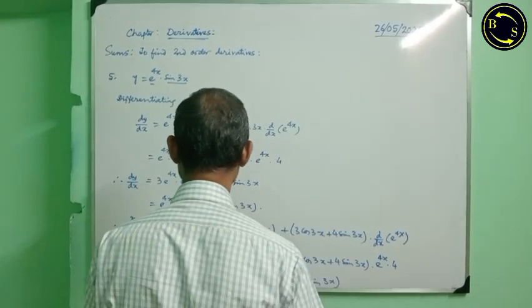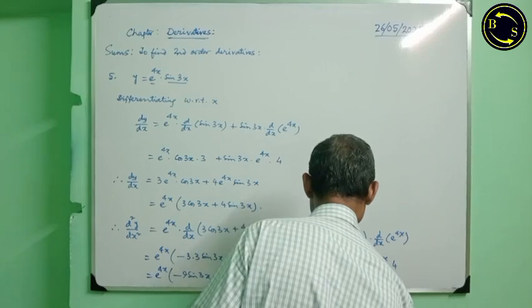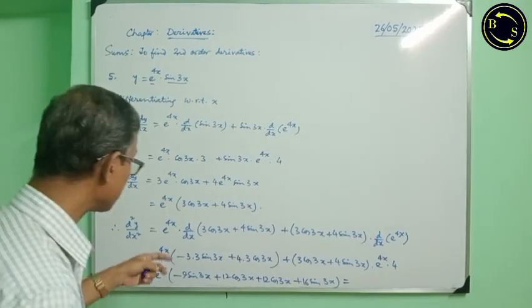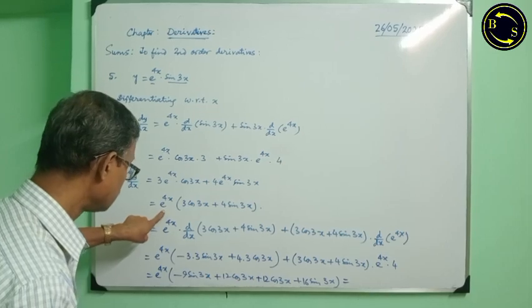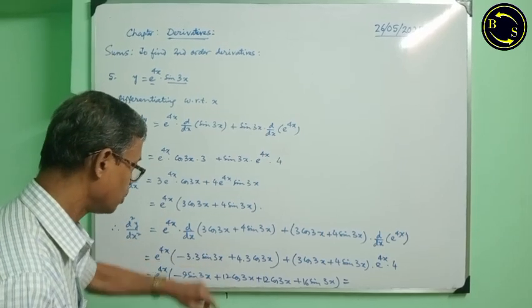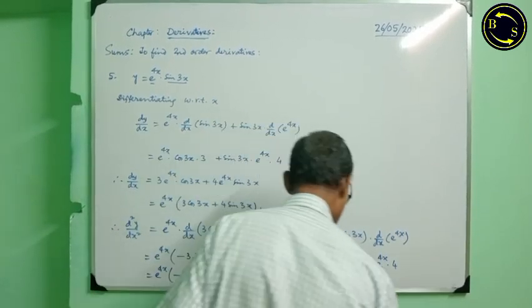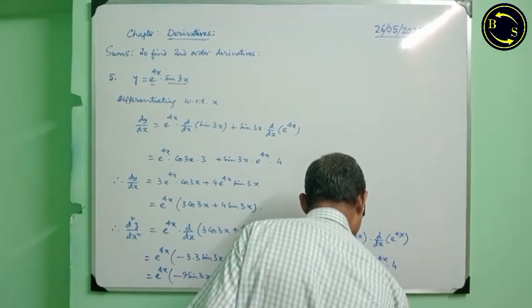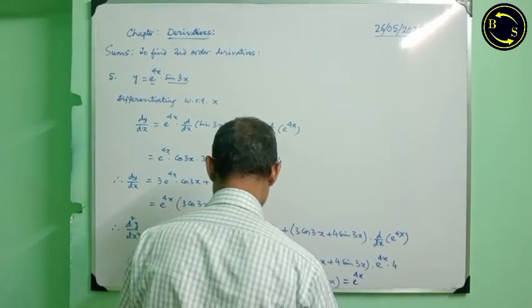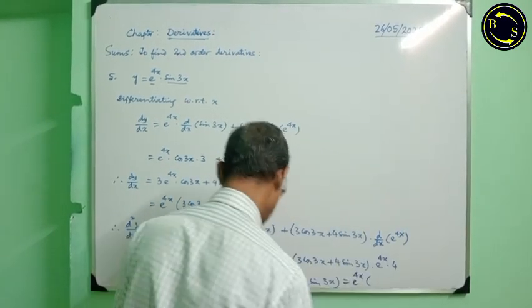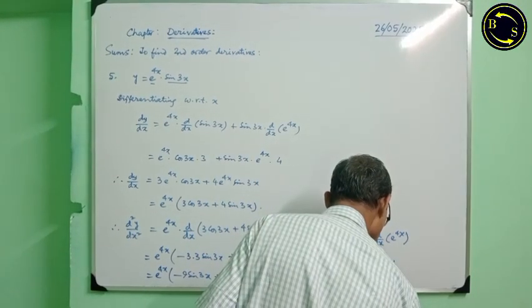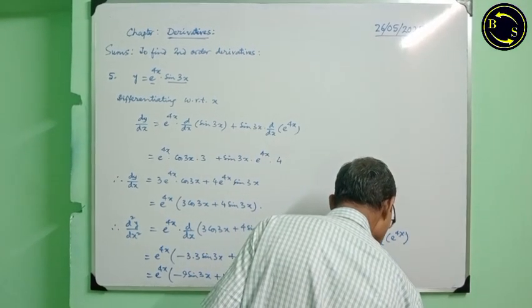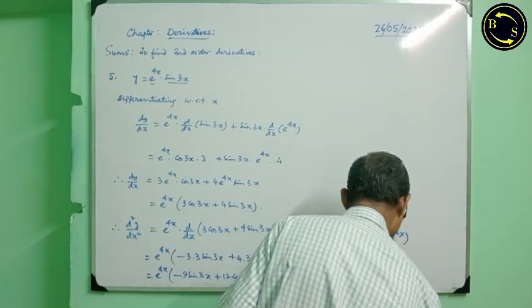Therefore, let me check. e to the power 4x minus, okay. Then e to the power 4x is a common factor within brackets: 16 × 7 sin 3x plus 24.